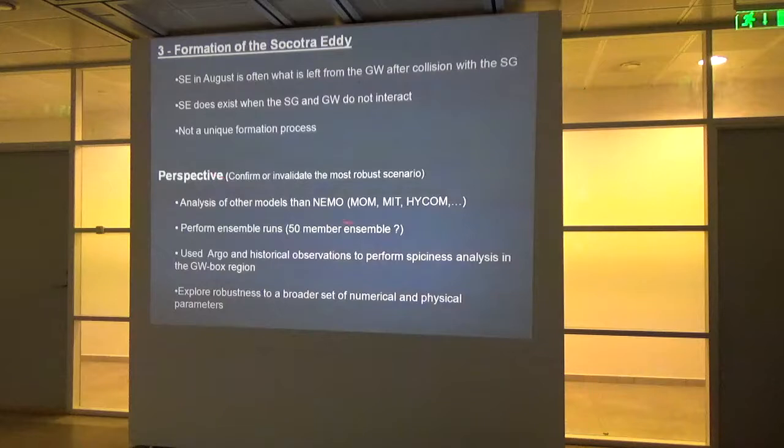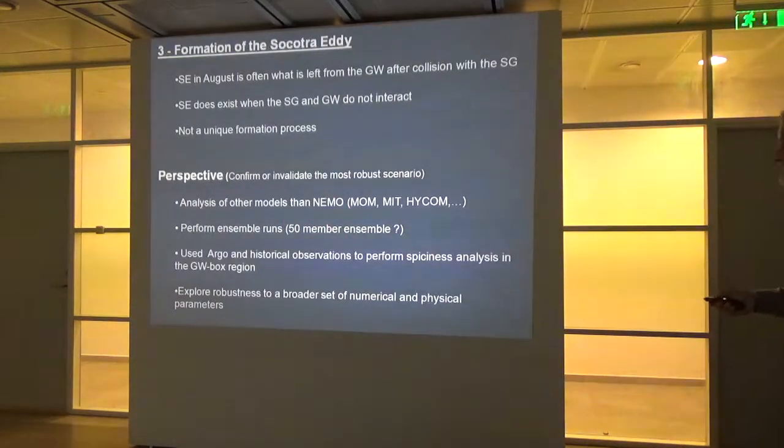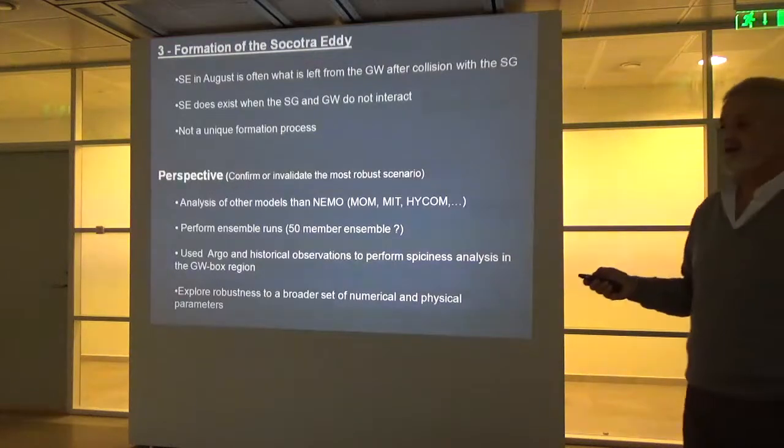So for perspective, I think we need input from other models to go forward, because we have NEMO with its own numerics, with its advection scheme, with the way it treats bottom topography.